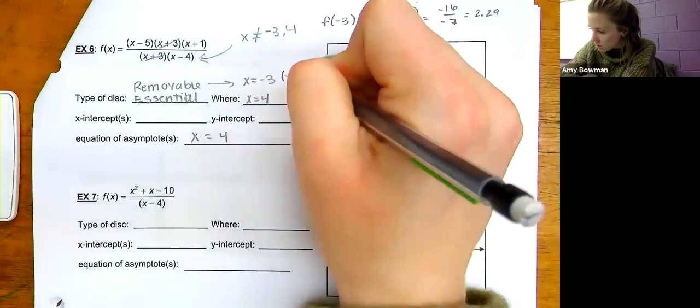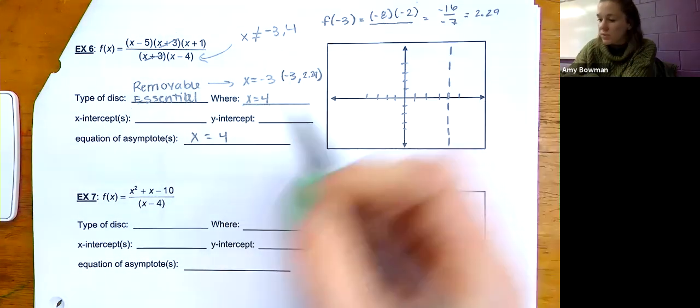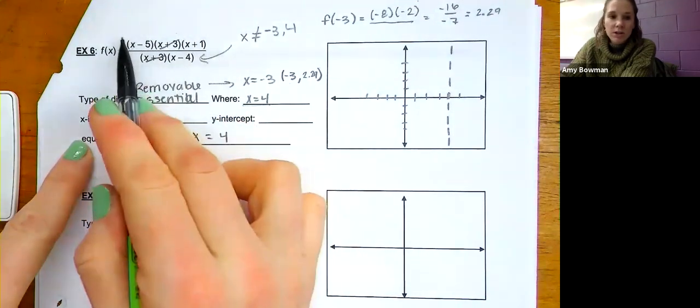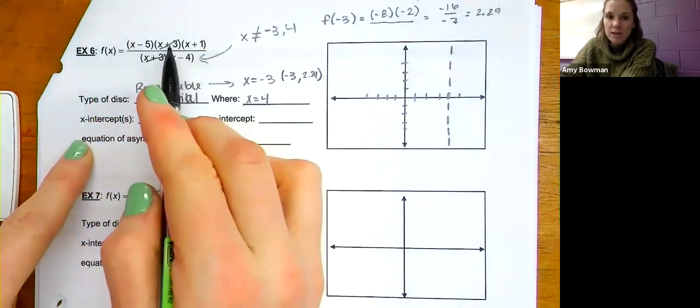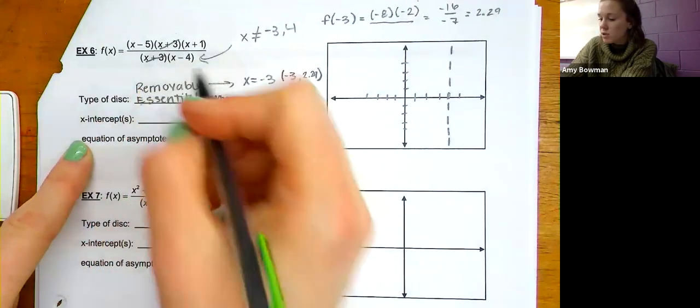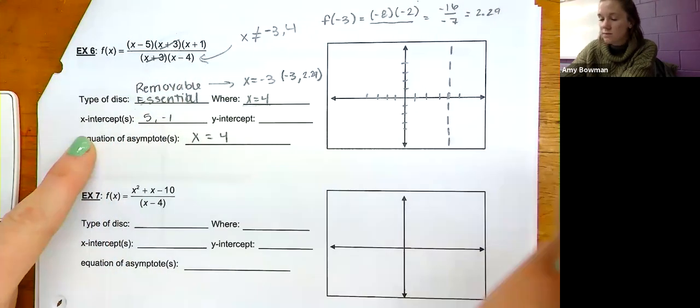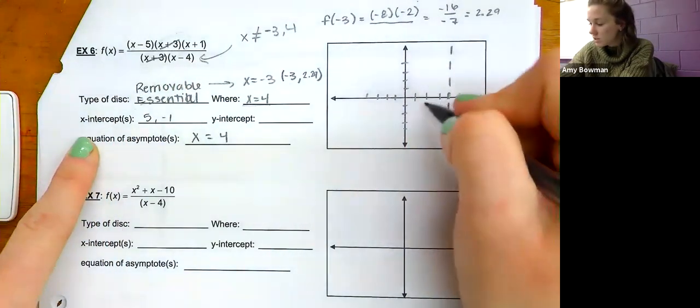Okay, x-intercepts. That is when my numerator equals 0, but I'm not including this -3 because remember, that's where my hole is. So my x-intercepts are 5 and -1, very similar to my last equation.